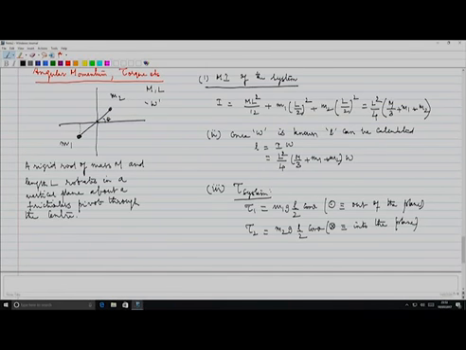Therefore, total torque is equal to half of m1 minus m2 into L cos theta. This will act out of the plane if m1 is greater than m2, and into the plane if m1 is less than m2.